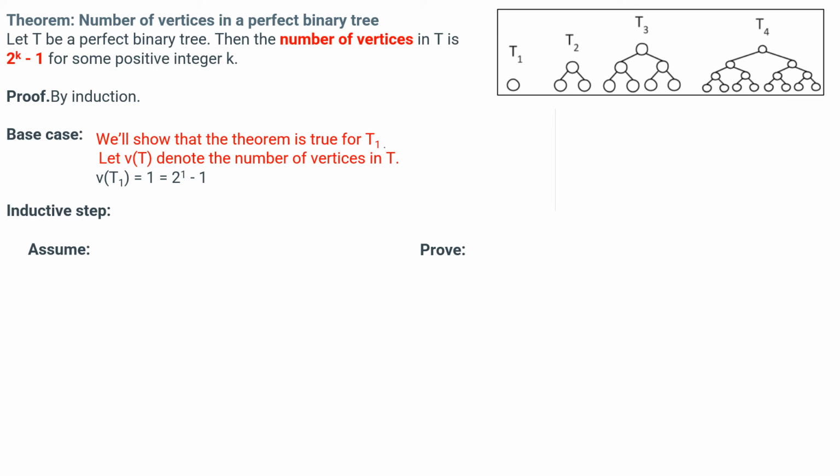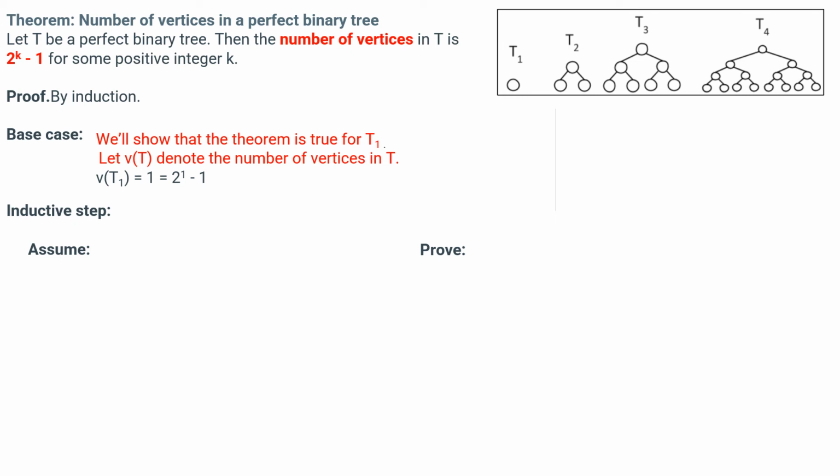We take an identical copy of a tree and put those two copies together, and we have a new element. So thinking about that, remember then, what would we want to assume? What would we want to prove? Well, we'd want to assume that a tree we're starting with does have a number of vertices equal to 2 to the k minus 1 for some positive integer k.